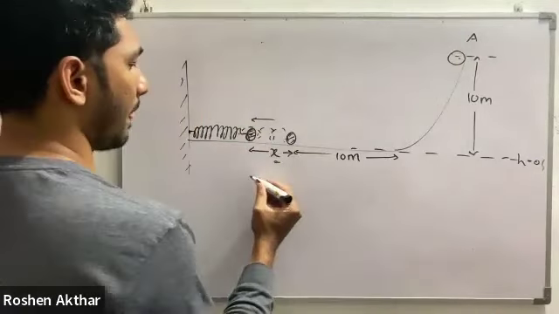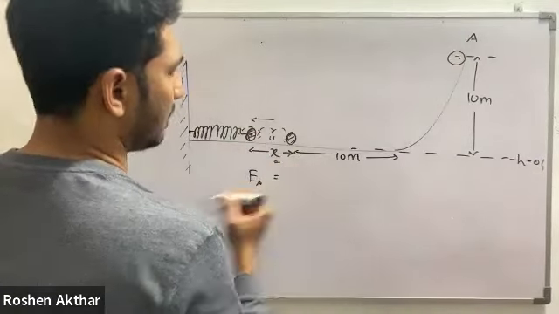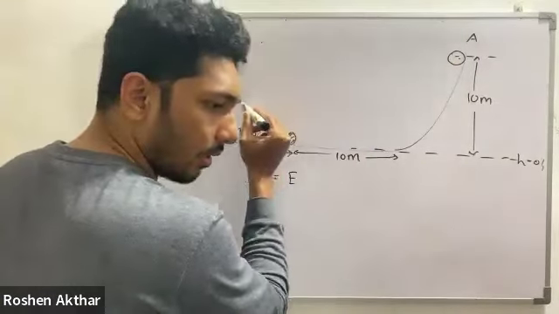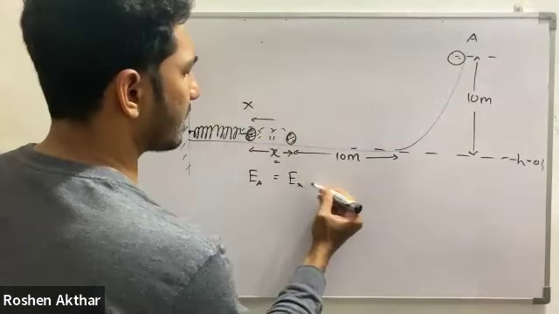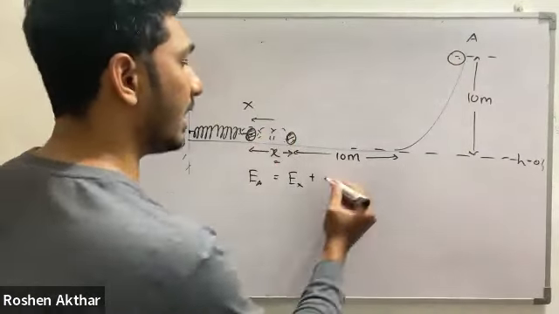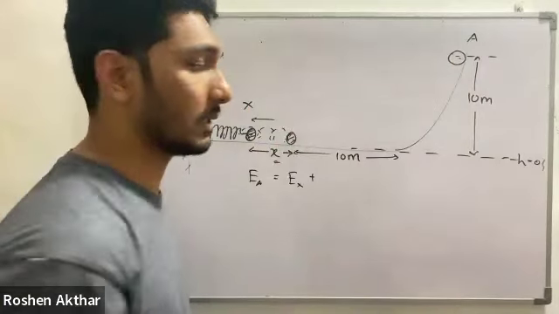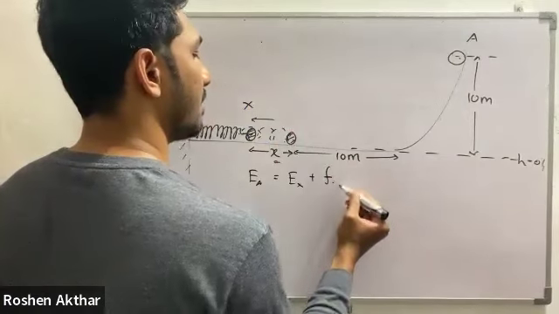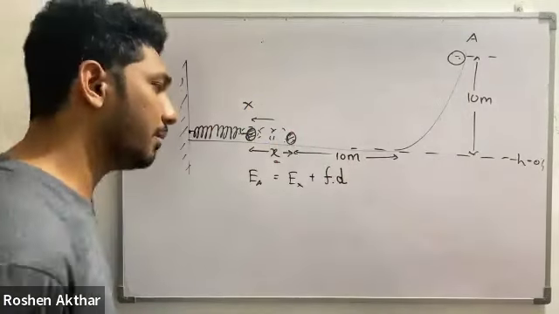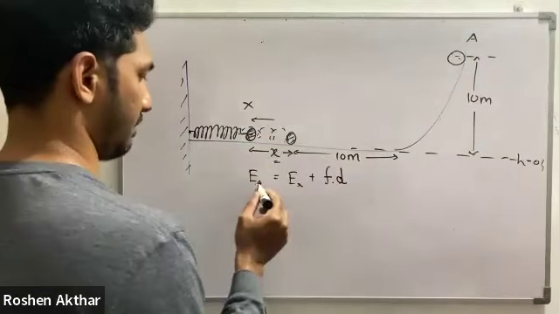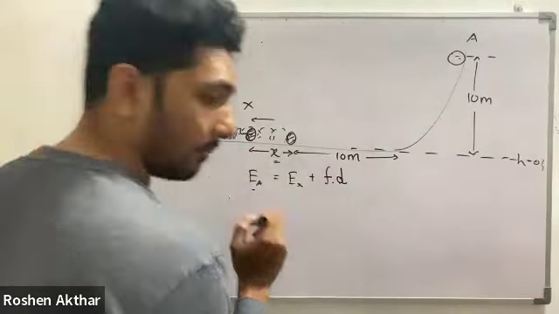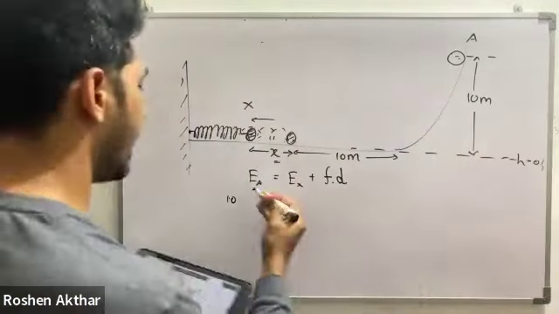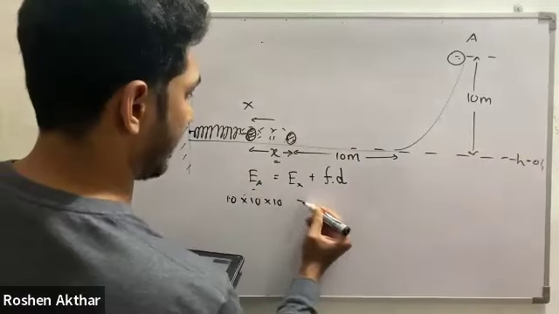So the total energy at A is equal to the total energy at, let's say X, plus the energy lost in friction multiplied by distance. Otherwise you will get it wrong. So this will be mgh. m is 10, g is 10, h is 10.